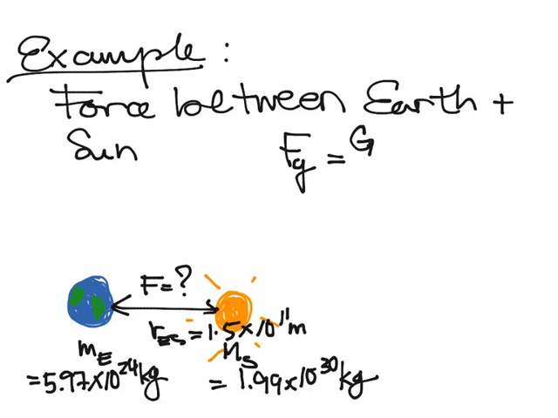Okay, so Fg is G times m Earth, m Sun, divided by r squared.